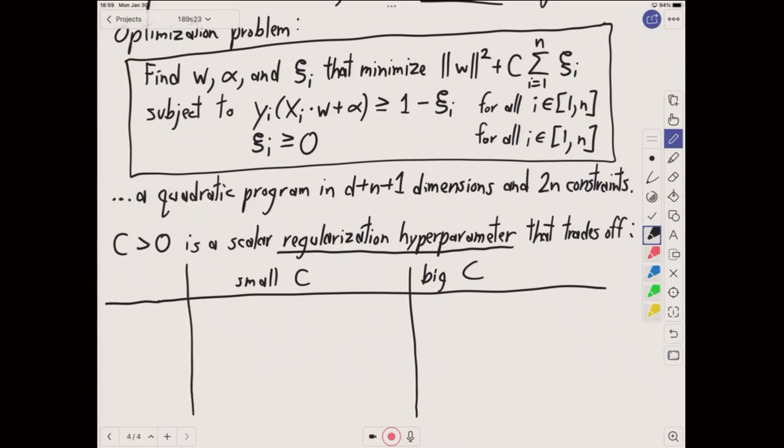And so, first of all, what is the desire that we are satisfying? Well, if you choose a small C, it means that you're trying to maximize the margin, and you give higher priority to that over the slack terms. Whereas if you choose C to be big, that means you're prioritizing the slack terms, keeping most of them 0 or small.